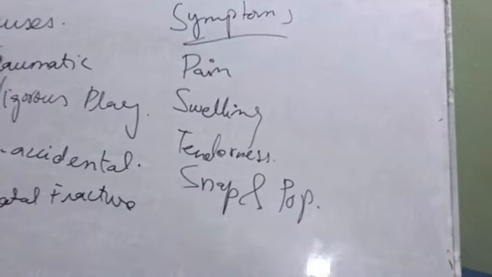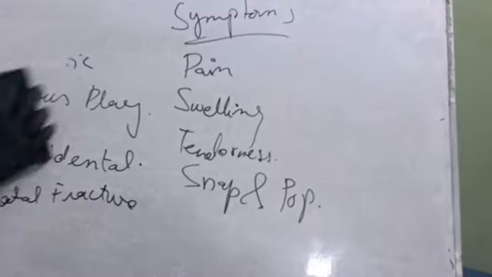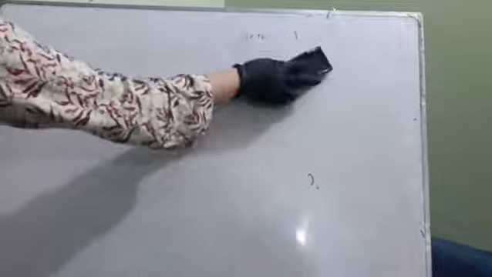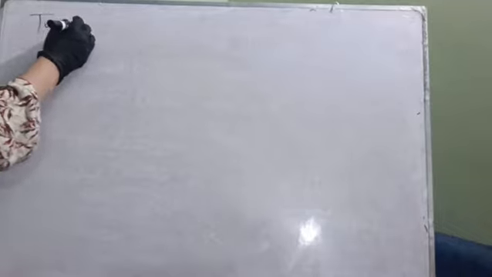Now we will learn about what are the pathological types of fracture. The pathological types of fracture are multiple, but we will discuss only 5 to 6.